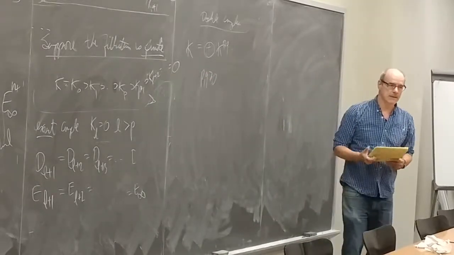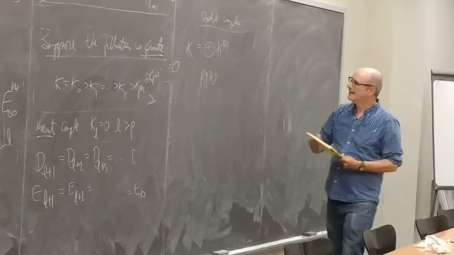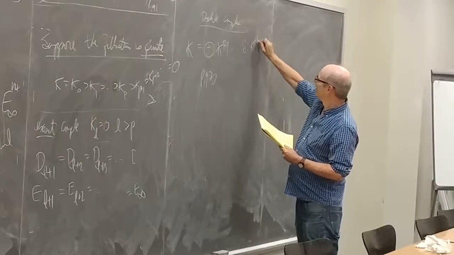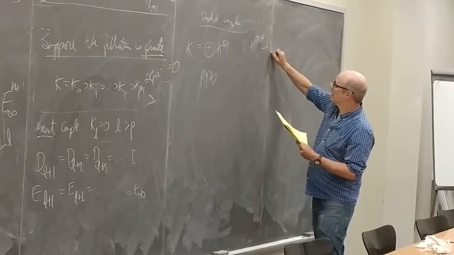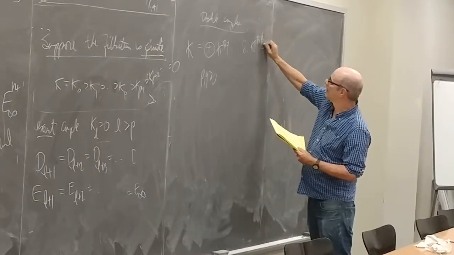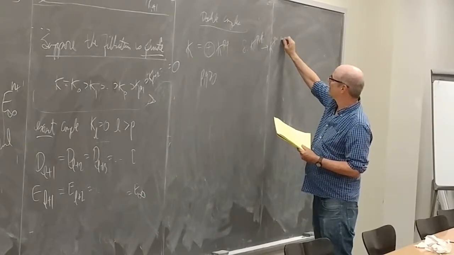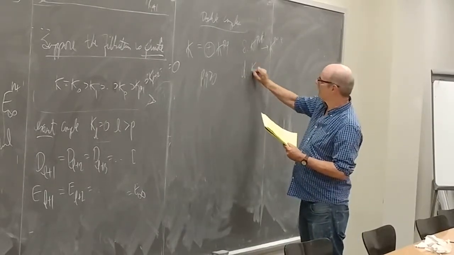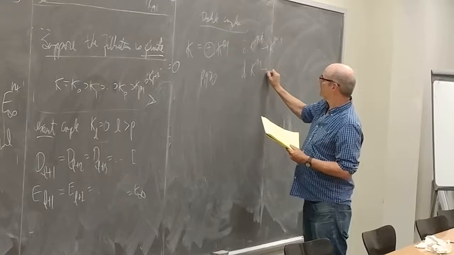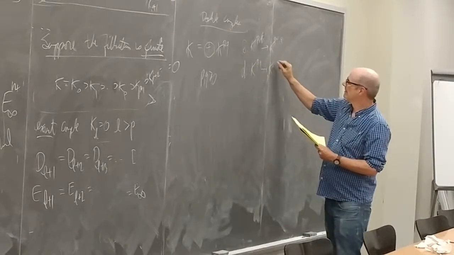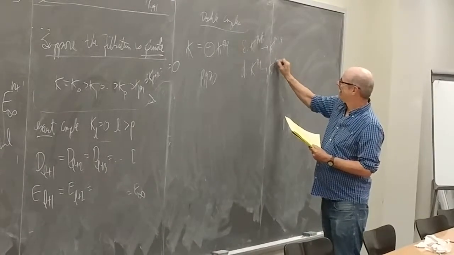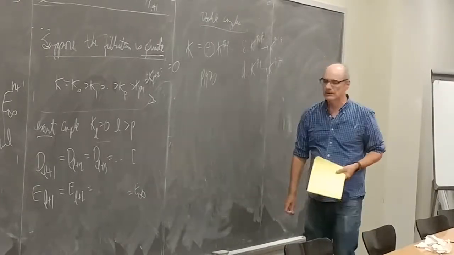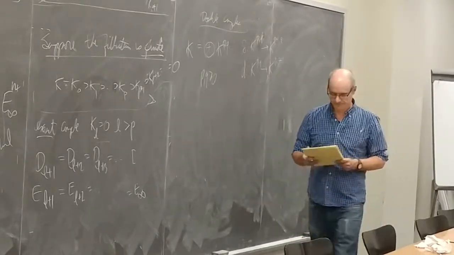So it's a bigraded abelian group, and there are two differentials, delta, which raises the first degree by 1, and d, which raises the second degree by 1. And I'm going to assume that these differentials commute with each other.